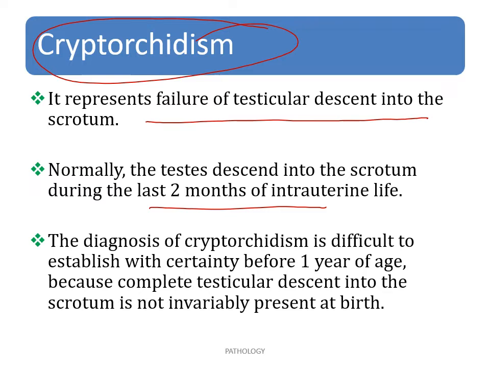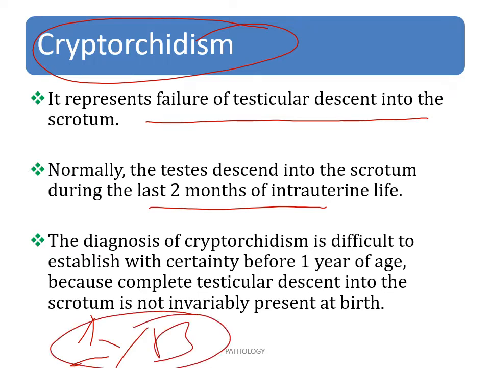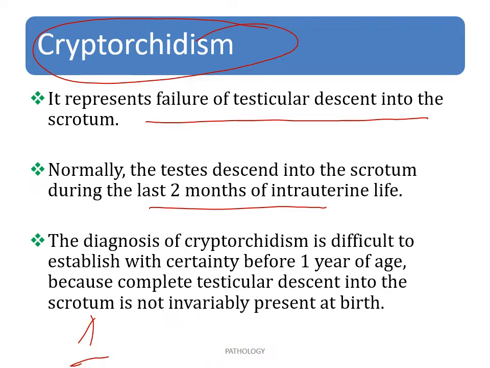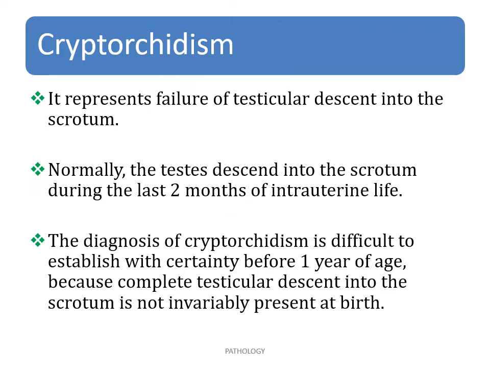The diagnosis of cryptorchidism is made when the child is 1 year old, because before that the testis may still descend, so we need to wait until the child is 1 year old before making a diagnosis of an undescended testis. Around 1 year and above, when you find there is no testis in the scrotum, that's when you can make the diagnosis. But before that, it's better to wait.